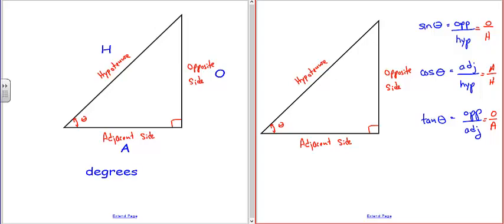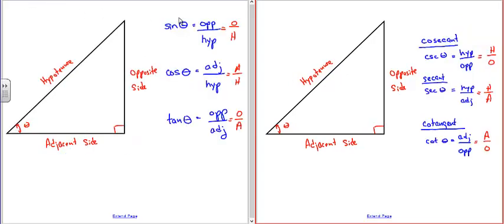Now there are three other functions that are what we would call reciprocal functions. So we have, again, this right triangle. The cosecant of an angle is the length of the hypotenuse over the opposite. So it's the length of this side to the opposite side. The sine is opposite over hypotenuse.